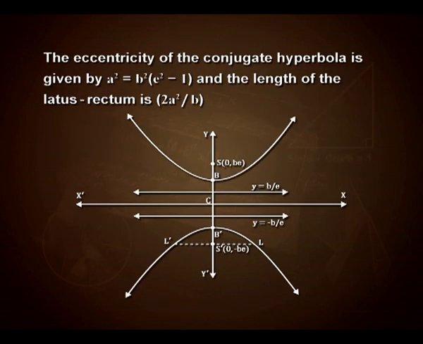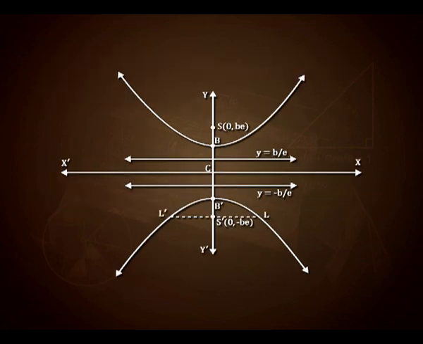The eccentricity of the conjugate hyperbola is given by a² = b²(e² − 1) and the length of the latus rectum is 2a²/b. We can see in the figure here the y and y' axes with x', O and x.